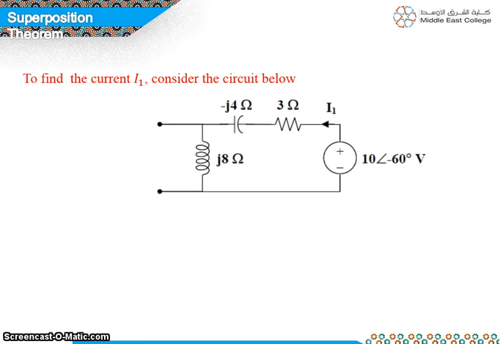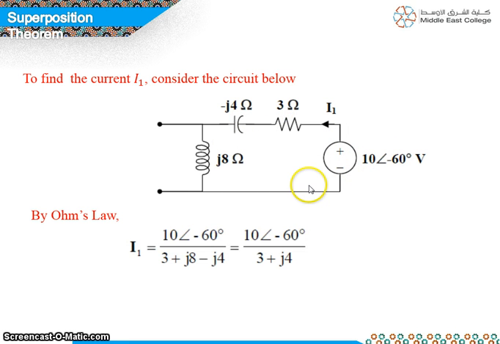Yes, apply Ohm's law. By Ohm's law, the current I1 will be equal to V by total impedance. Yes, here the word is impedance: the voltage by the total impedance.